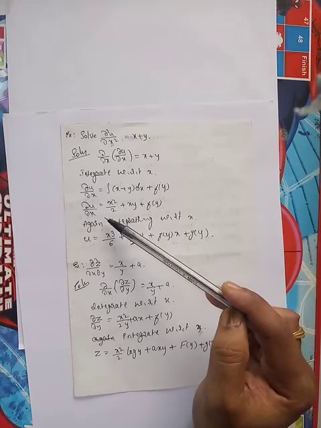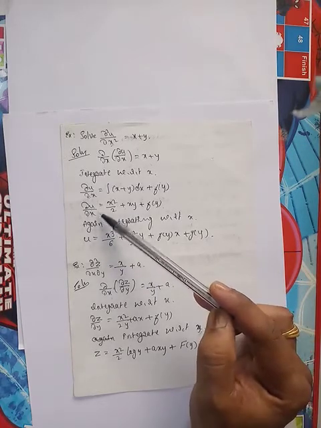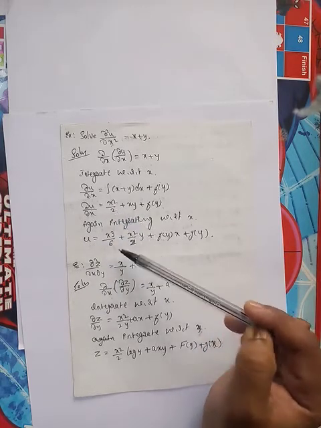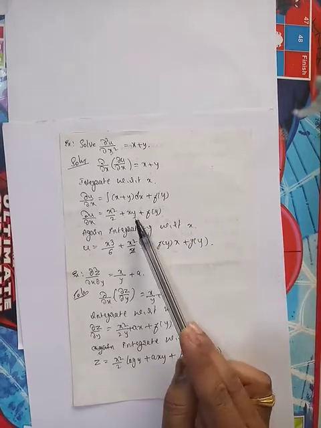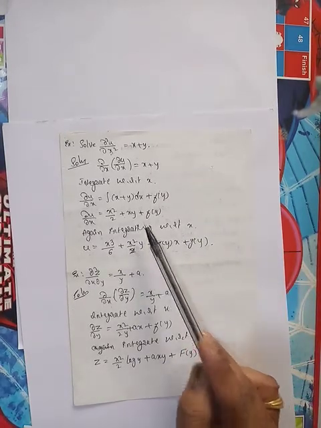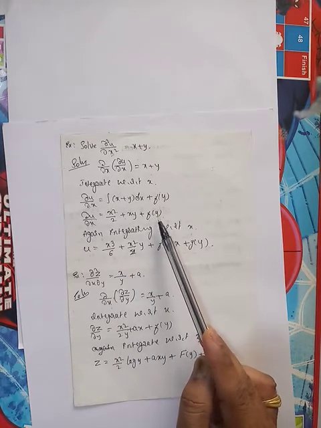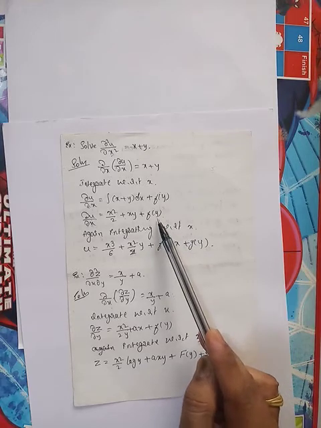So now again we integrate with respect to x. So integration of dou u by dou x is u, then integration of x square by 2 is x cube by 6, plus integration of x is given by x square by 2 and y constant. Then f of y is a constant here because we are integrating with respect to x, so we treat this f of y as a constant.